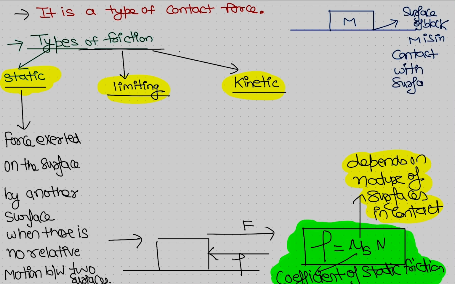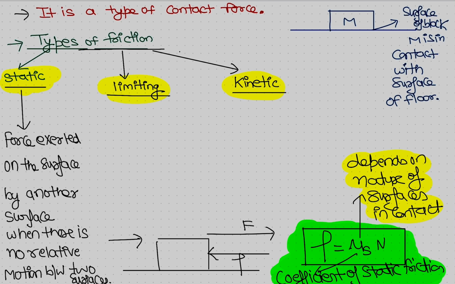So friction is a type of contact force, right? So there are three types of friction. First one is static, second one is limiting, and third one is dynamic or kinetic, right? So firstly we understand static friction, then we move on to limiting, and then we further move on to kinetic.